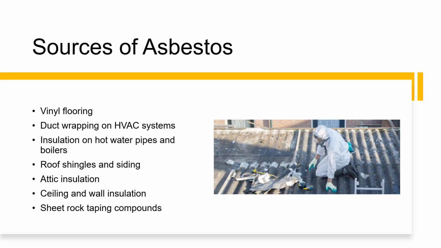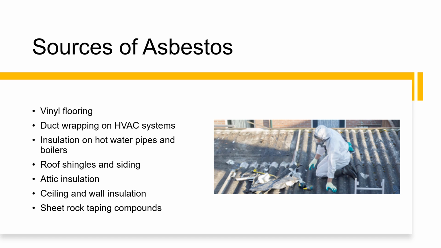Some of the most common sources of asbestos in the home are vinyl flooring, duct wrapping around HVAC systems, insulation on hot water pipes and boilers, certain kinds of roof shingles and siding, attic insulation, as well as ceiling and wall insulation, and sheetrock taping compounds.